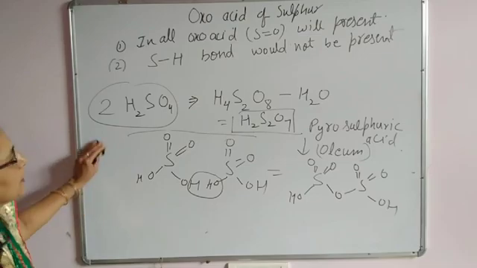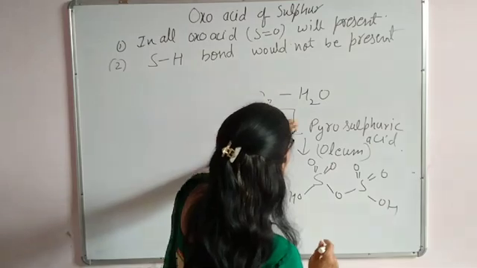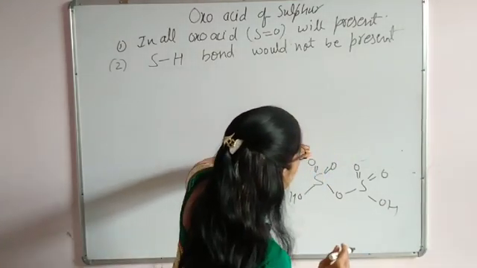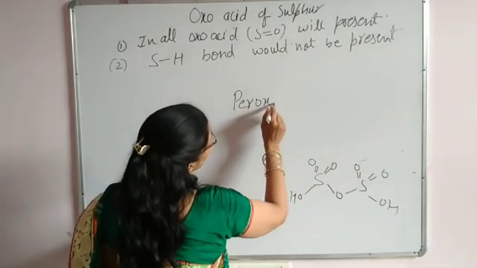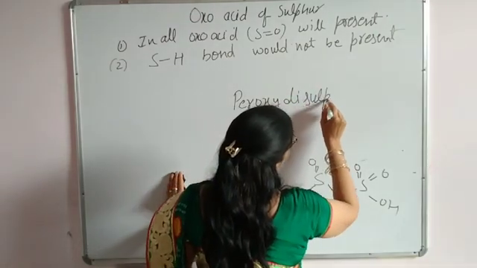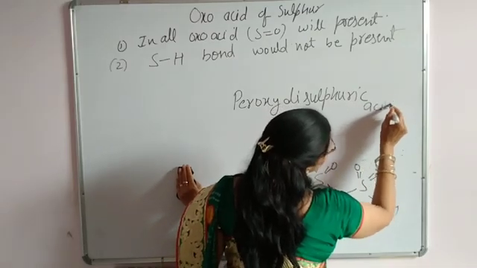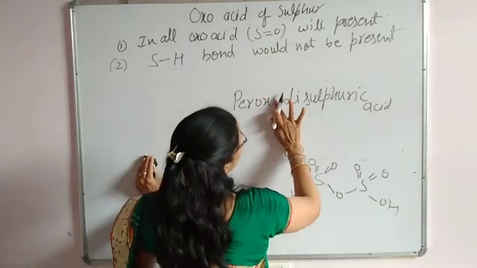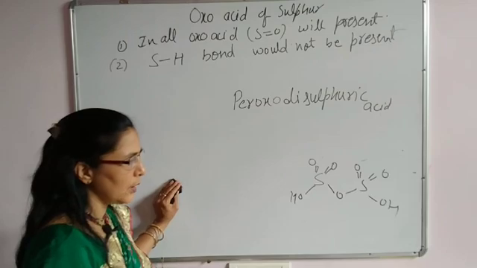The last acid is peroxodisulfuric acid, or in some books peroxydisulfuric acid. It means it contains one peroxide linkage.